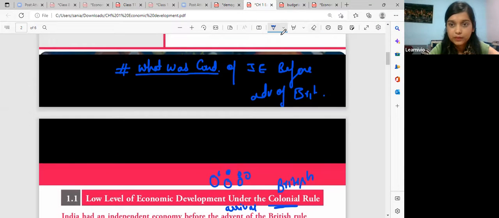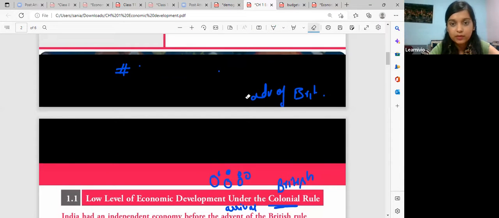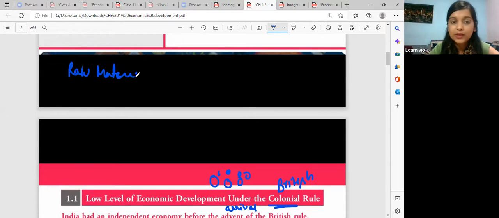Okay, I'll explain it over here. They made their policy like this. First thing, raw material. One is raw material and the other one is finished good, or you can say finished product.